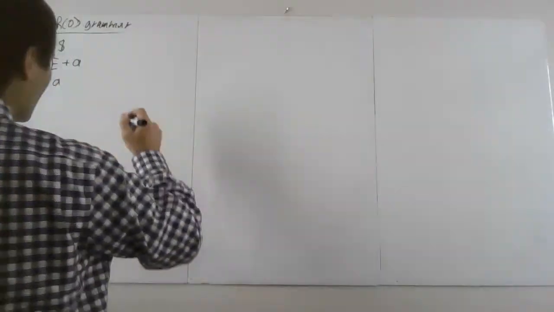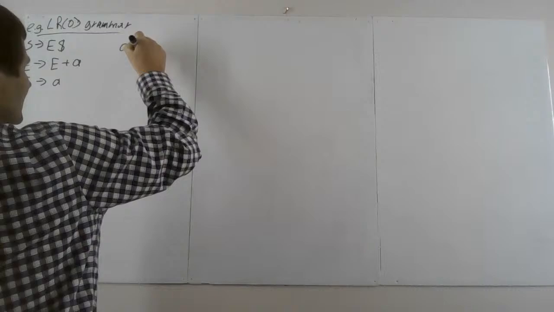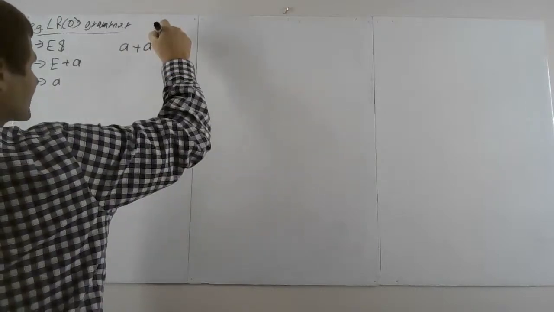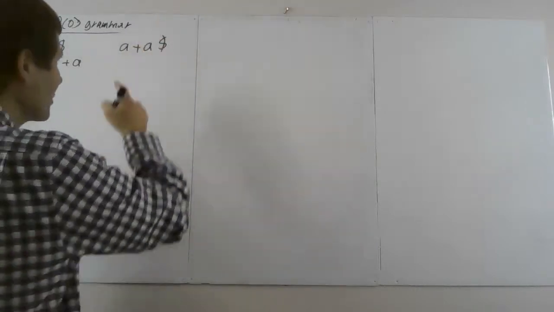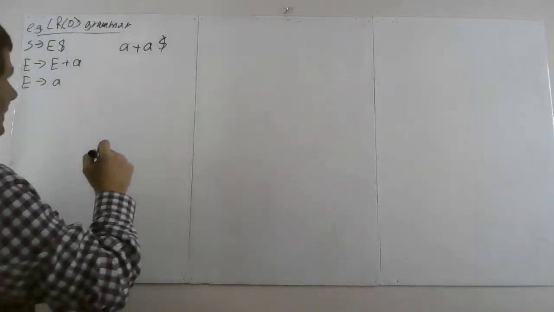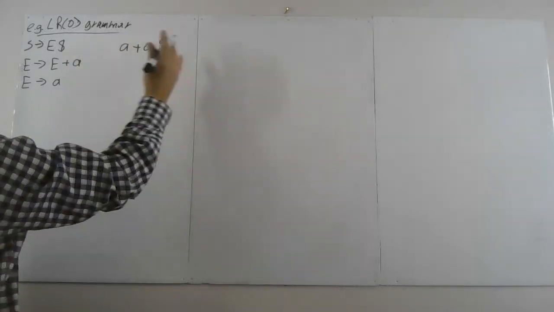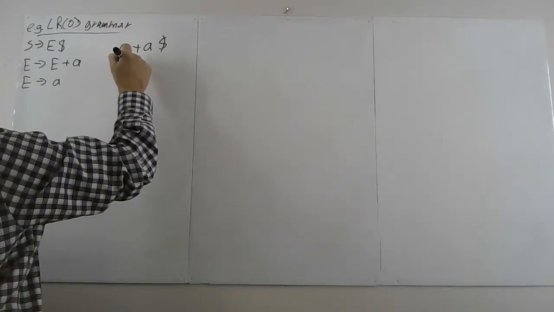Okay, so if I'm just going to write out the derivation that we want to build. So our derivation, we're going to start with the input string, and we're also going to be looking at the input from left to right.